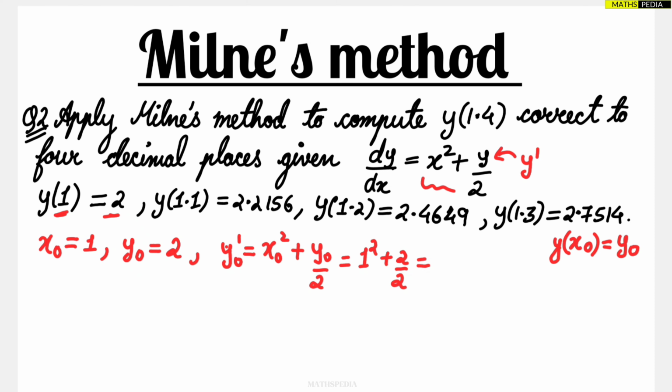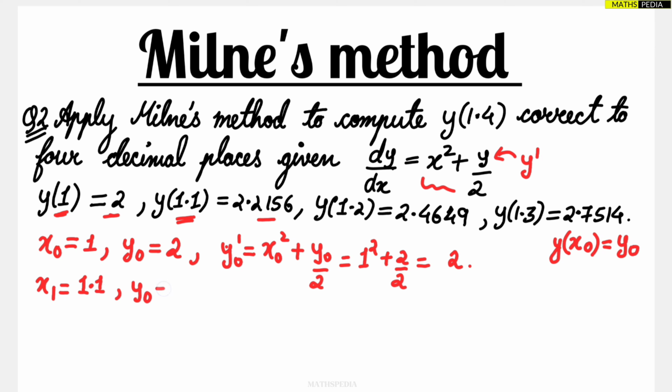We are getting the value as 1 plus 1, 2. We got the first value. Next we go for x1, which is equal to 1.1, so from 1 we have jumped to 1.1.